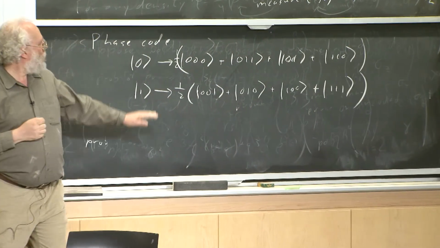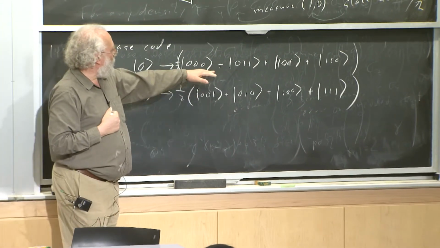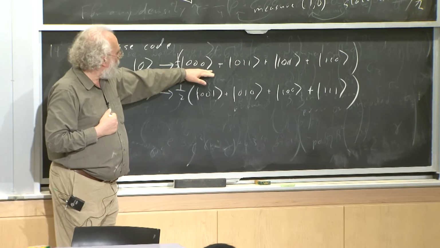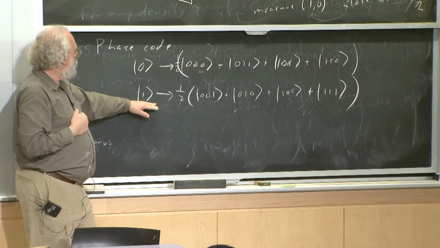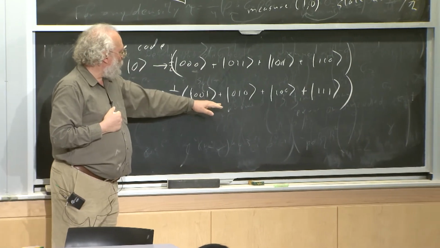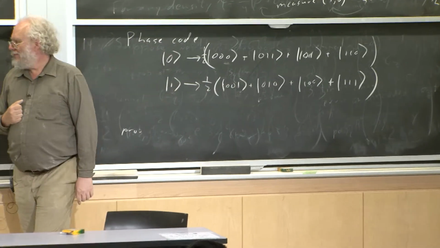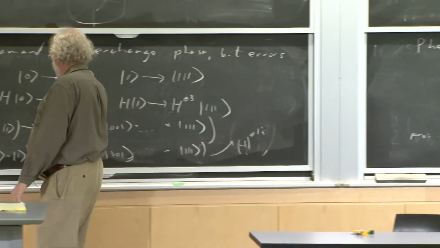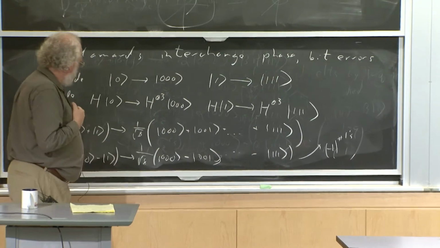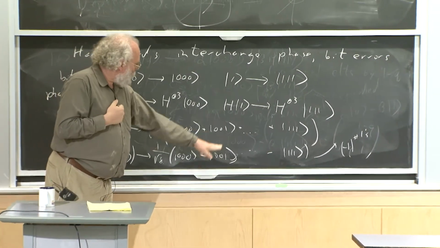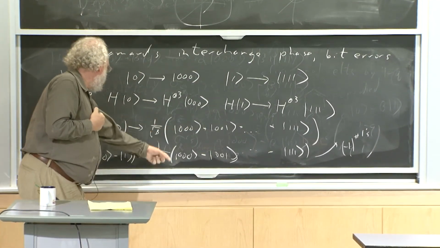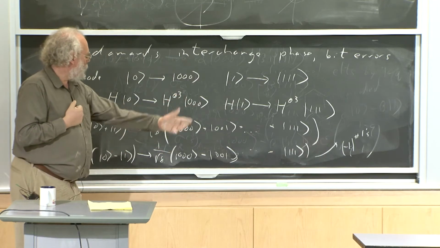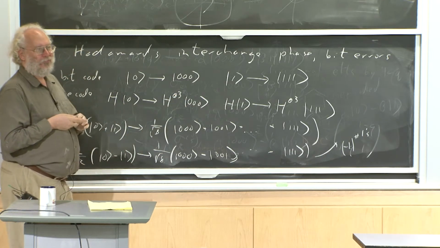So you take 0 to the superposition of states with an even number of ones, and 1 to a superposition of states with an odd number of ones. Because when you subtract these, you only get states with an odd number of ones, and when you add these, you only get states with an even number of ones.